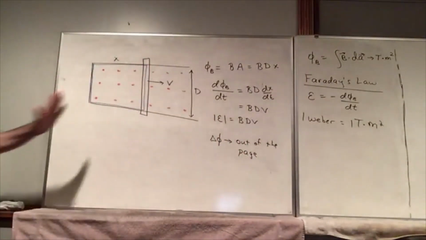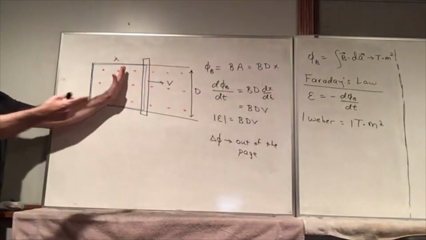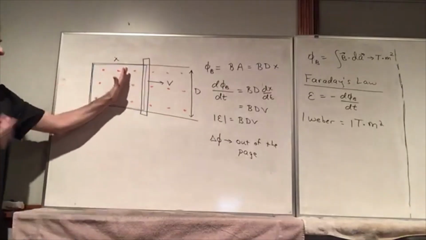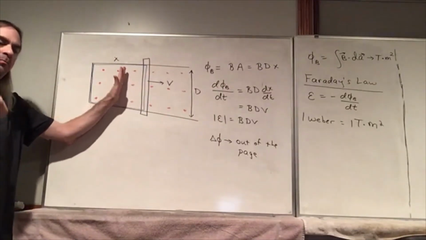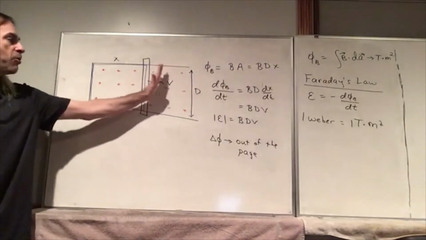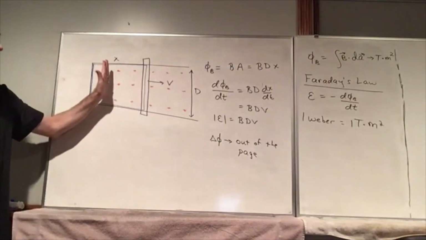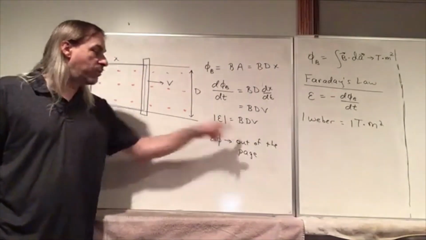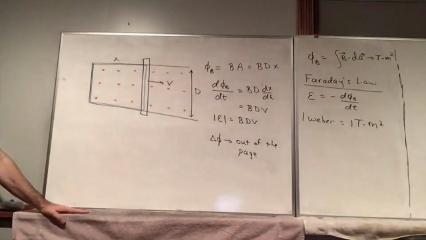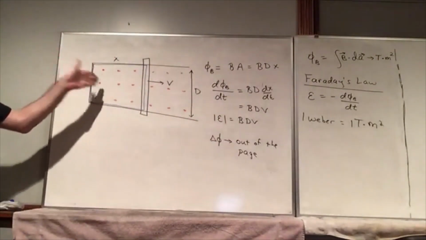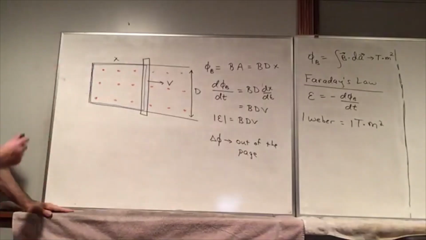Now again, if we push the loop inwards, the flux would still be out of the page, but decreasing. So if we push this rail to the left, then the change in flux would be into the page. So even though the flux is out, it's decreasing, so the change would be inwards.